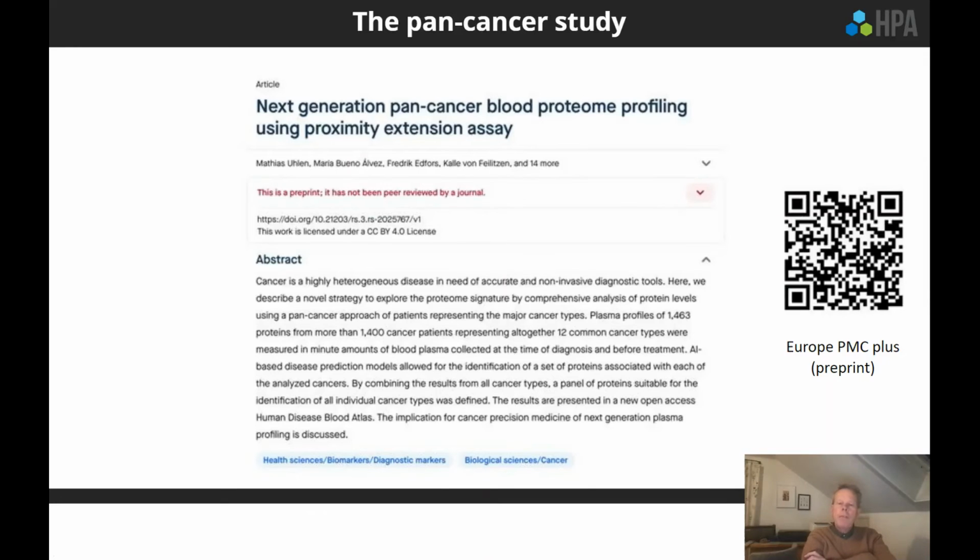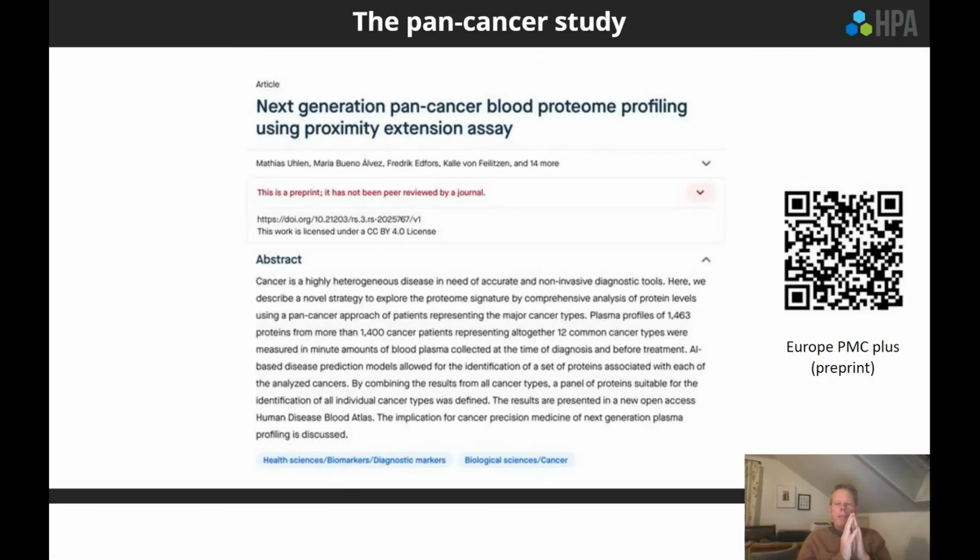We do have stage information, and in the paper that you can see right here, there is also a small part about where we've been looking at stages, because obviously what you would like for cancer diagnostics is to actually be able to identify patients already in stage 1 or even 0, but stage 1.